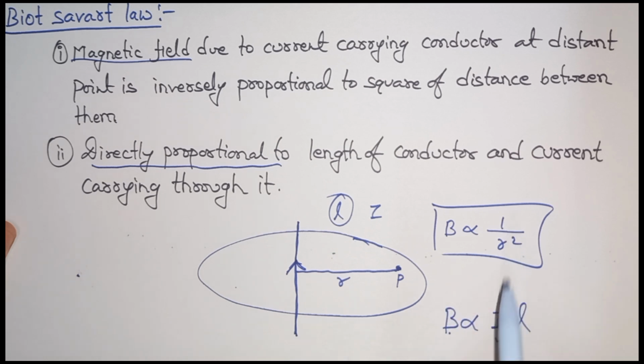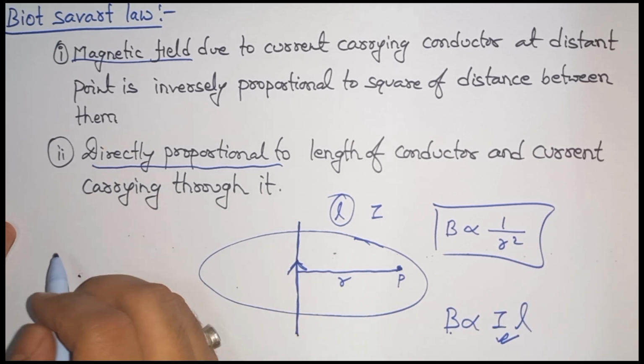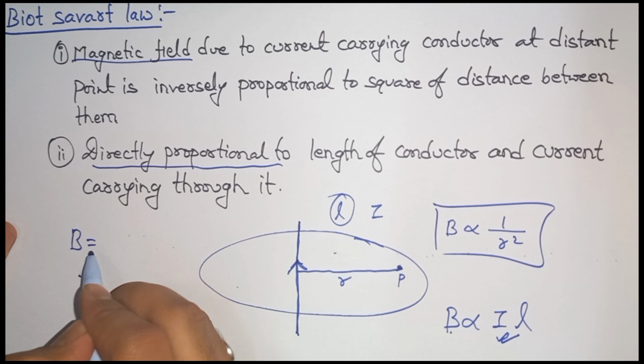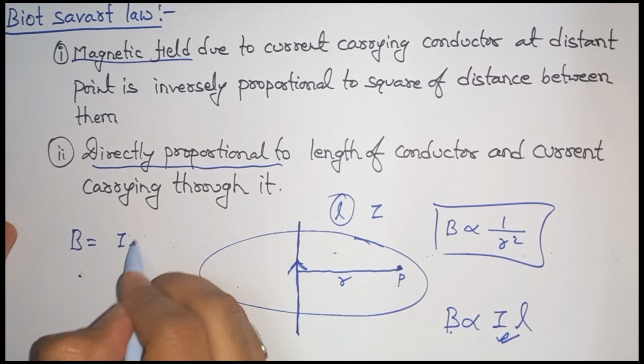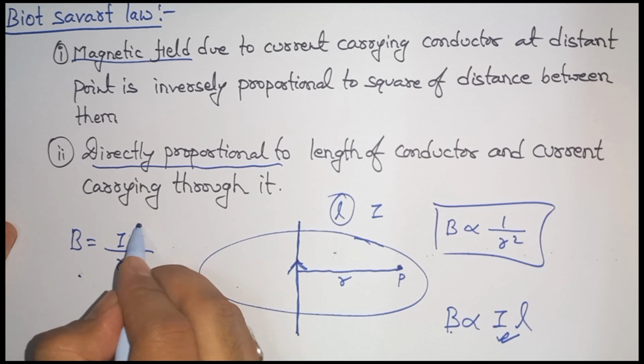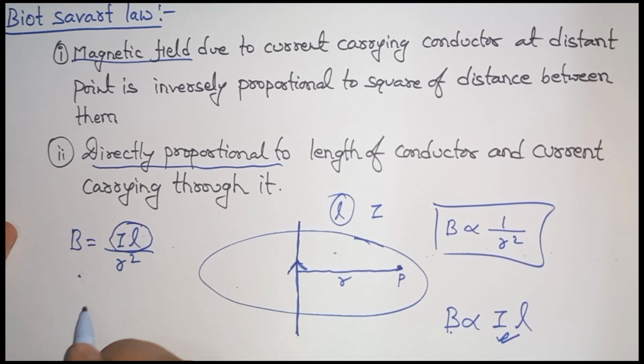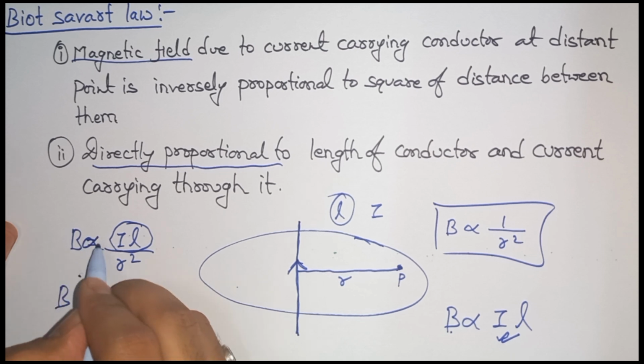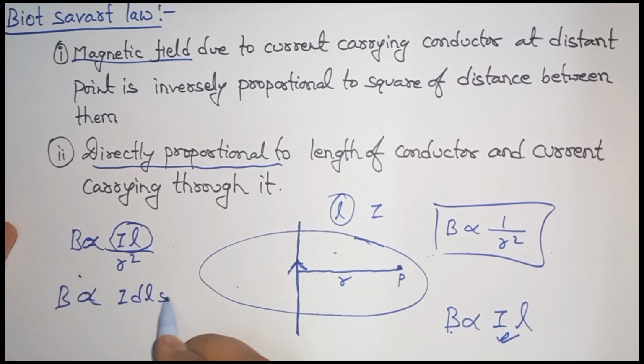Now what happens if we combine these two relations? We get B is proportional to I L by R square. Actually, this I L can be written as I dl sine theta by R square.